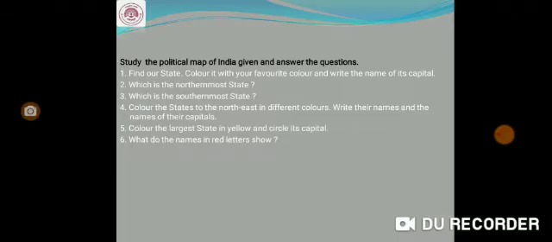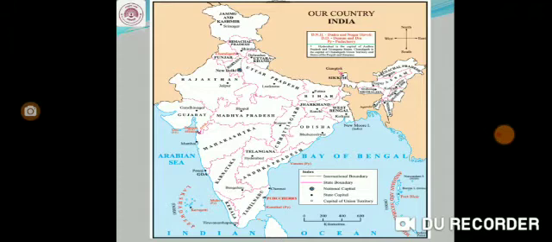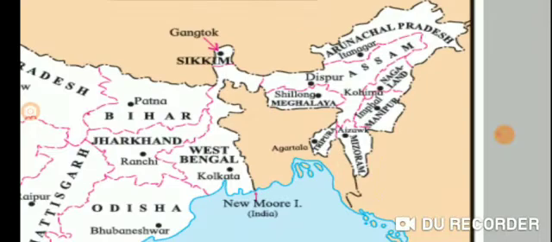Fourth question. What is the fourth question? Color the states to the northeast in different colors and write their names and the names of their capitals. So which are the northeastern states? These states over here are all northeastern states. Let me enlarge the picture for you initially.